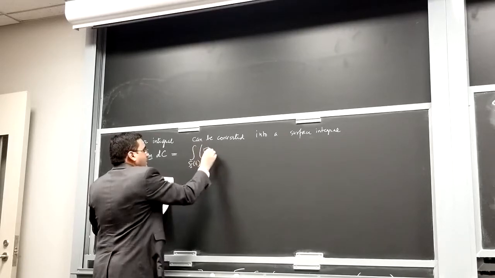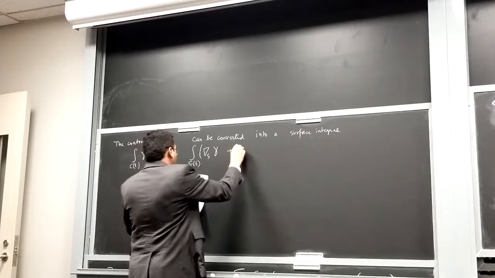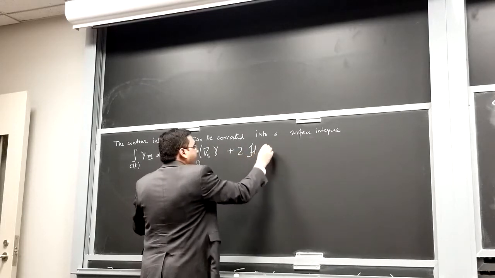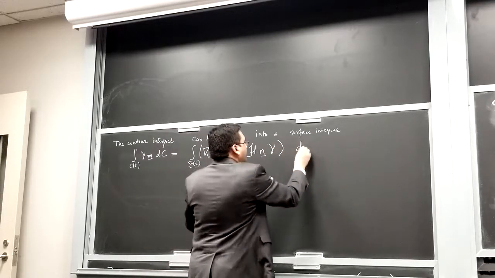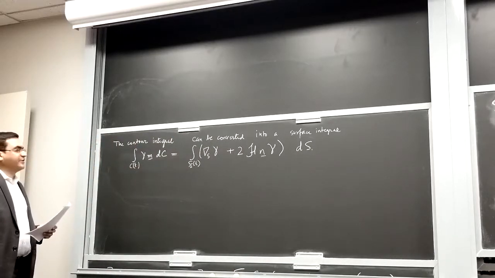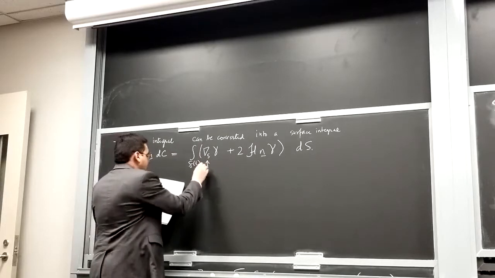It ends up giving you two terms, and those two terms play an important role in dictating how surface tension affects flows. So the first one is a surface gradient.